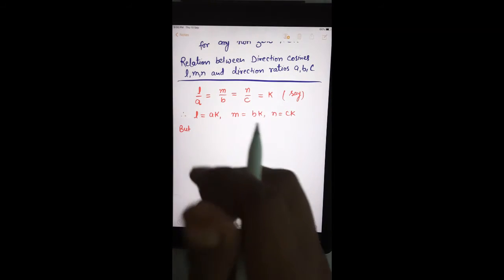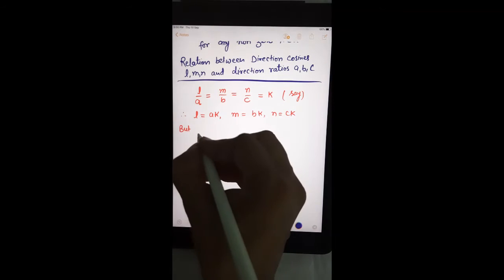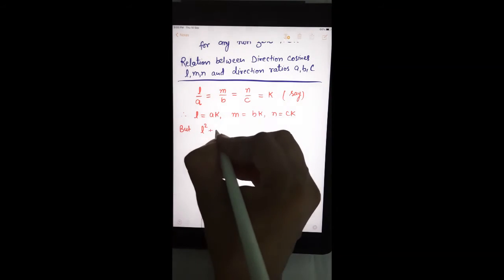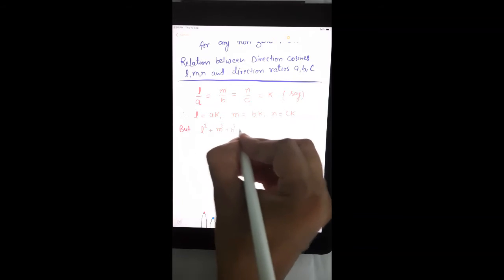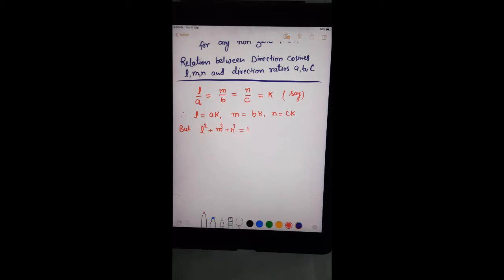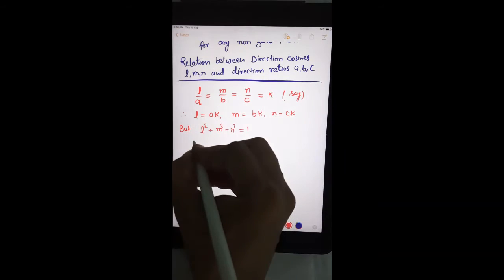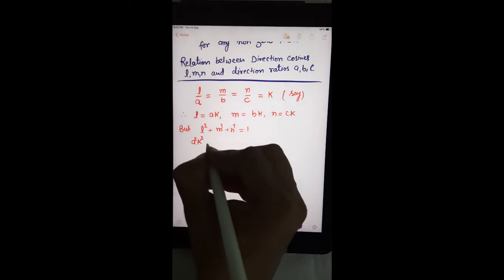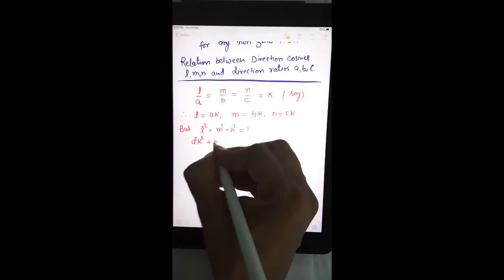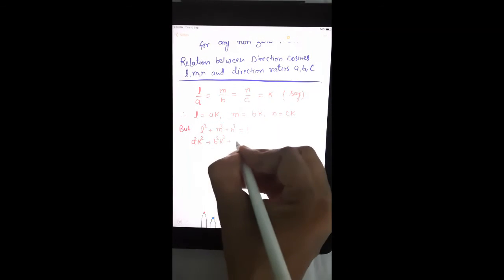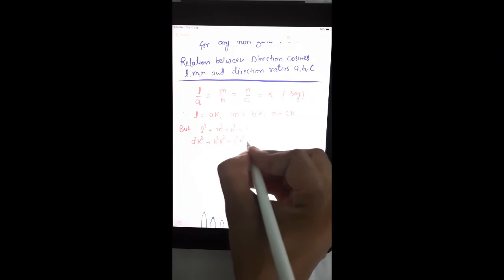Now, we know the relation between direction cosines, that is L square plus M square plus N square is equal to 1. We already studied in vector algebra that the sum of squares of direction cosines is always equal to 1. Now place the values. In place of L, we can write A into K, so it becomes A square K square plus B square K square plus C square K square equal to 1.